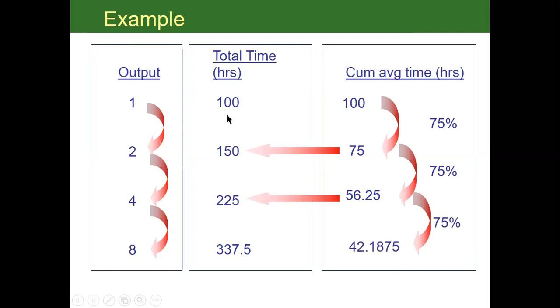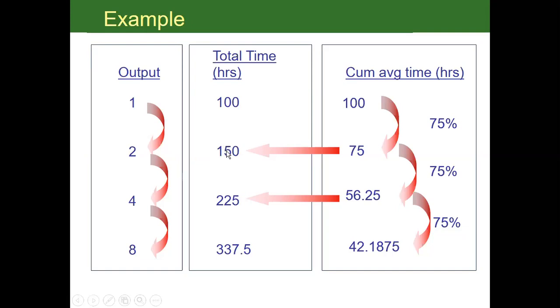So you can see that there is a 75% learning. You can start from here or from here, it makes no difference. If 1 unit is 100, 2 units should be 100 multiplied by 2, which is 200, but it is not 200. 200 multiplied by 75% is 150.